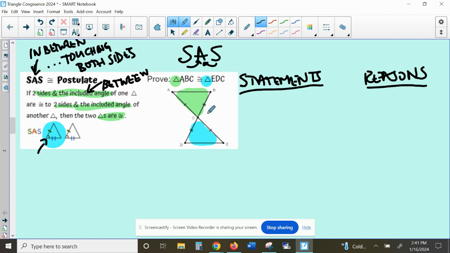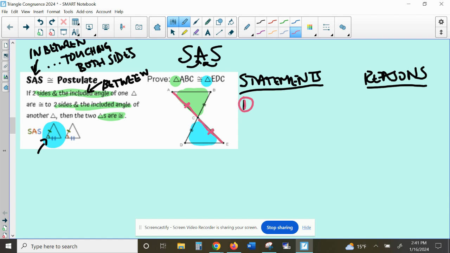Okay, so let's look at our picture. What statements do we have? Well, it looks like we do have some markings. Let's do the single tick marks first. So number one, let's do this in pink. The single tick mark is matching this single tick mark.